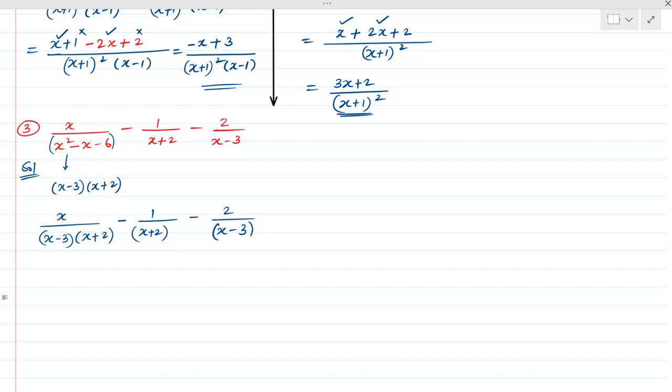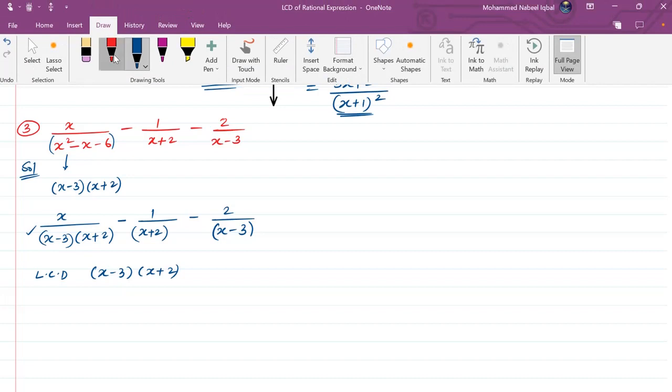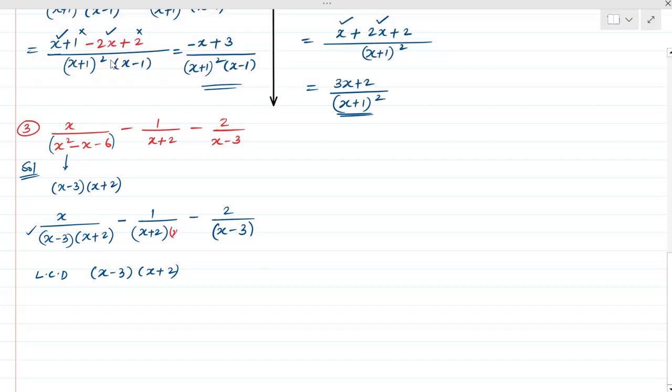Now what is the LCD? First of all, I have to know the LCD. The LCD is x minus 3 x plus 2. So it should be the same in the denominator. This is okay, no need to multiply because both the terms you will have here. But in the next term I have to multiply x minus 3 in the numerator and denominator. For the third term I have to multiply x plus 2 and x plus 2.